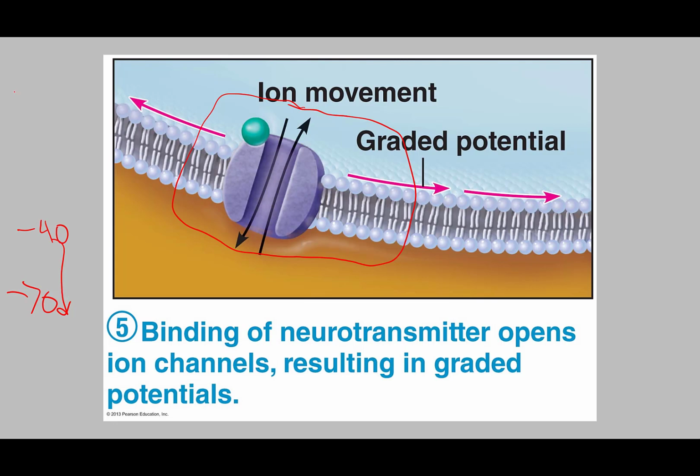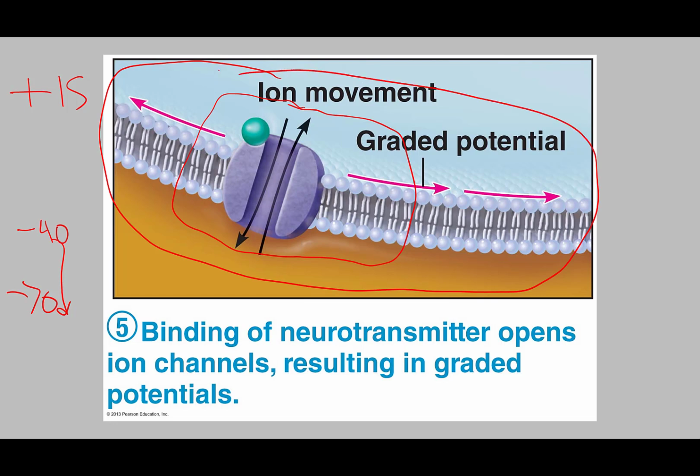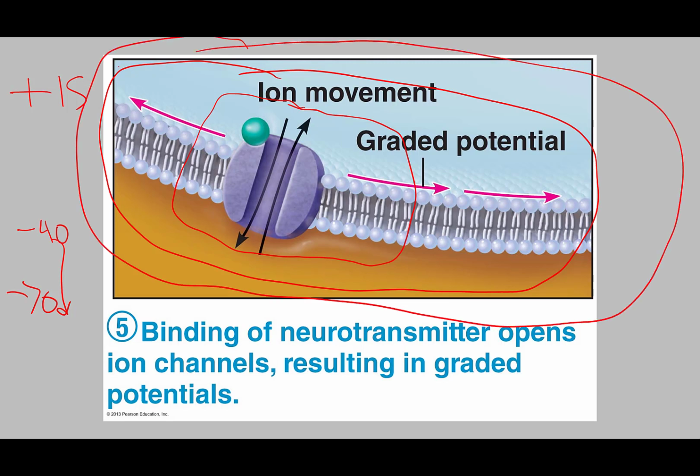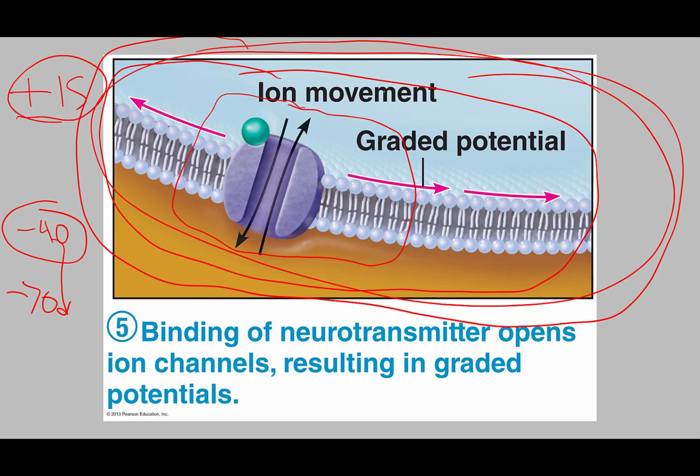But let's say it's a really strong stimulus and it takes us up to something like +15. Well, it's going to affect a much bigger area. And if the stimulus lasts for a long enough time, it will affect an even bigger area. So graded potentials depend on the stimulus, and that stimulus determines how high we go and how big of an area is covered.